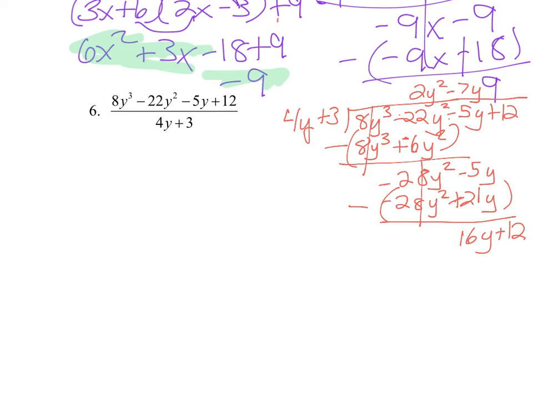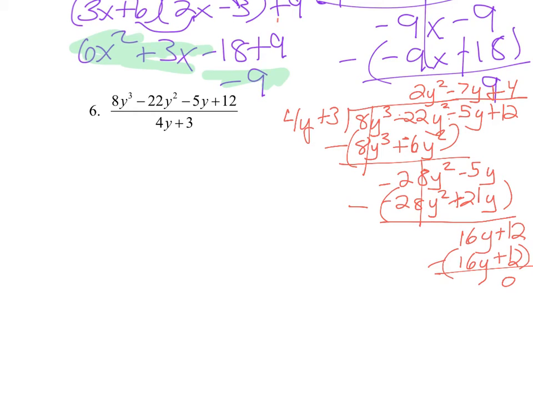I need a positive 16. No, positive 4. 4 times 4y is 16y. 4 times 3 is 12. Well, those are identical, so when I subtract, I'm going to get a 0. Yay.